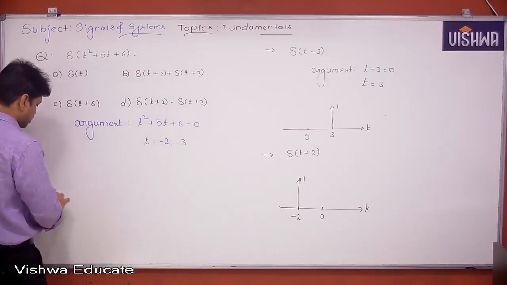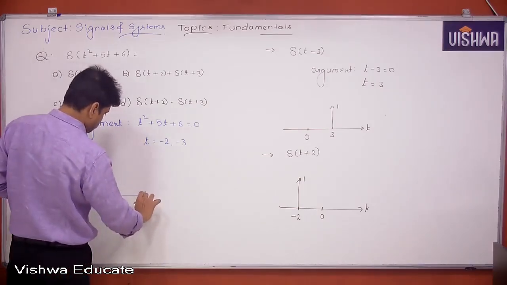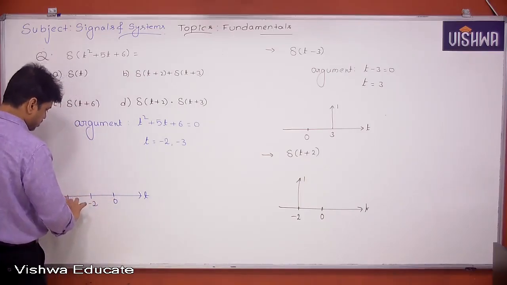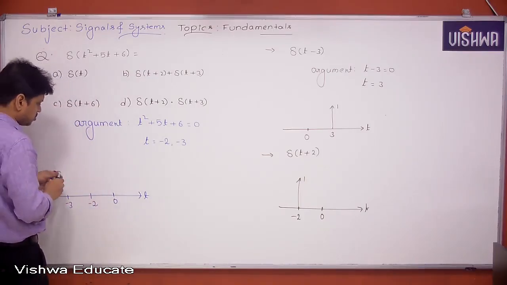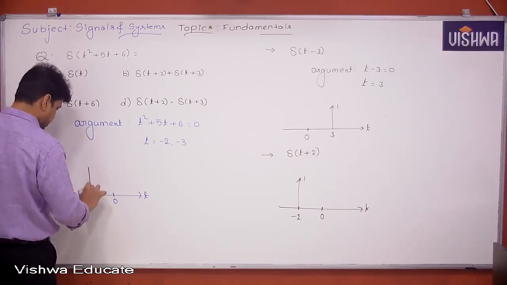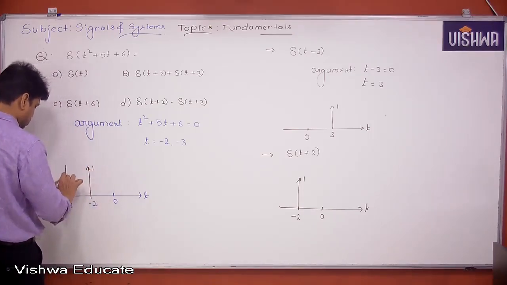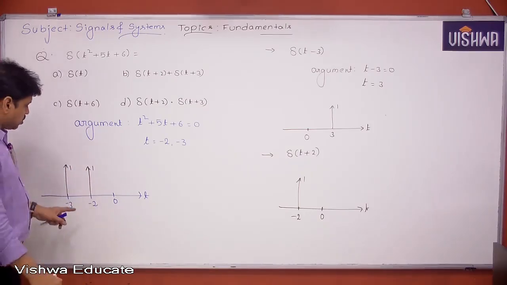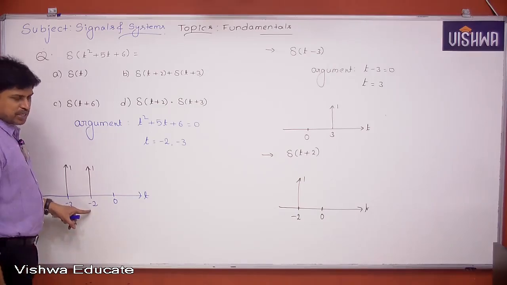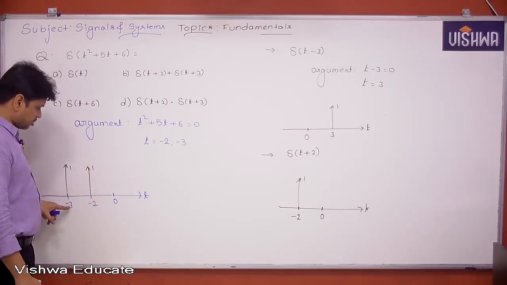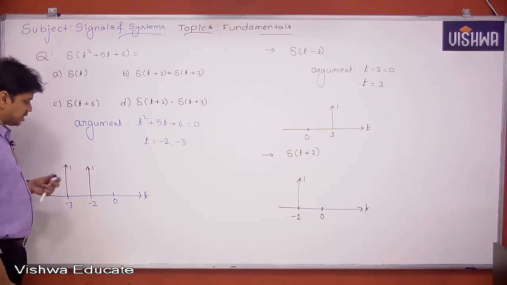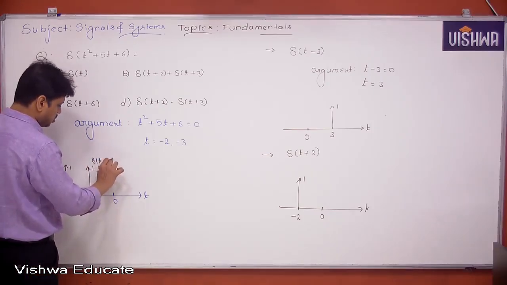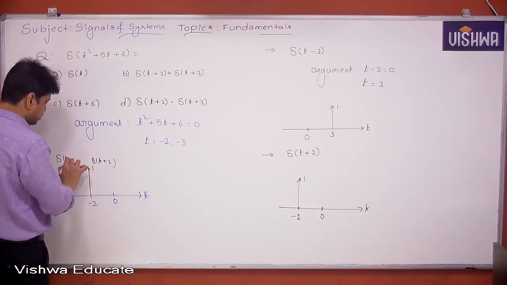If I draw this function with respect to t, let's call this 0, this minus 2, and this minus 3. At this place we are getting an impulse function, and at this place another impulse function. So these are the two impulse functions we got. At minus 2 we have delta t plus 2, and at minus 3 we have delta t plus 3.